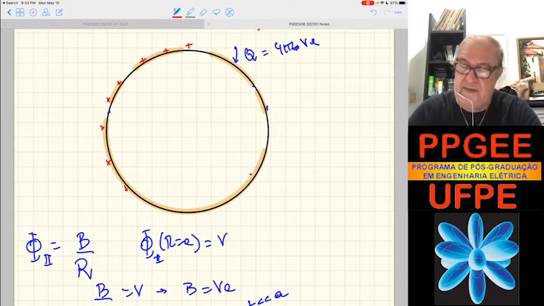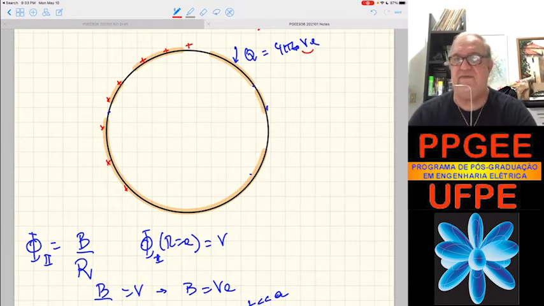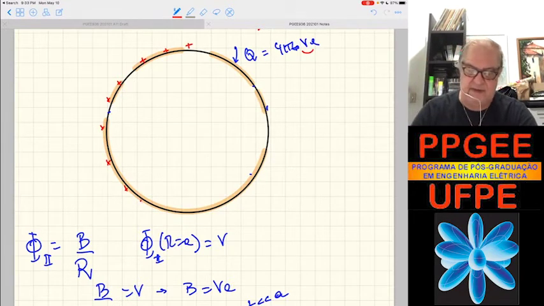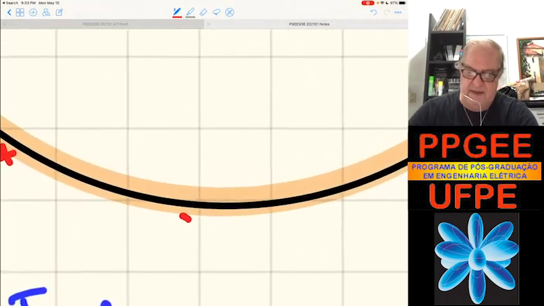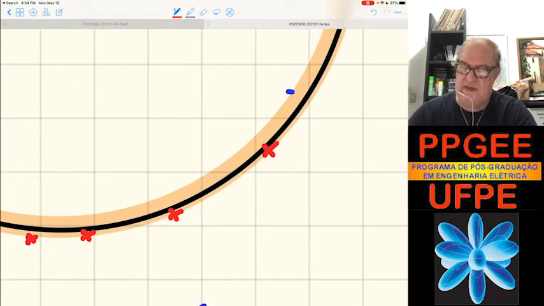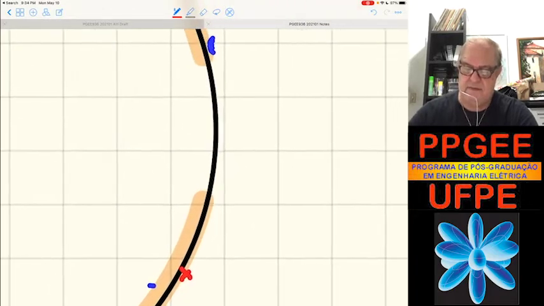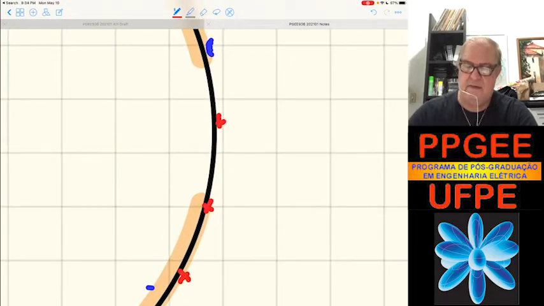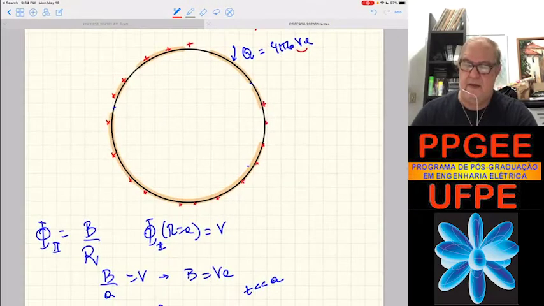Well, this charge here depends on the sign of V, right? Let's say V is positive. So here, let me amplify that a little bit, we are inside of the shell, okay? Uniform distribution. Okay, we have that.